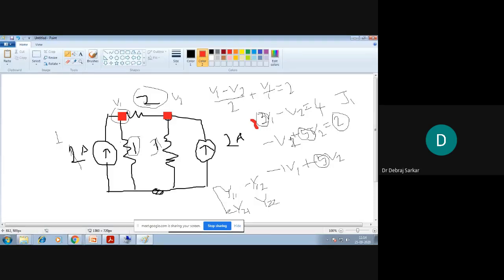This is the matrix, so we will write it like this, into V1 and V2. Remember the two port network, equal to 1 and 2. This is J1 and this is J2. I cannot write it properly.